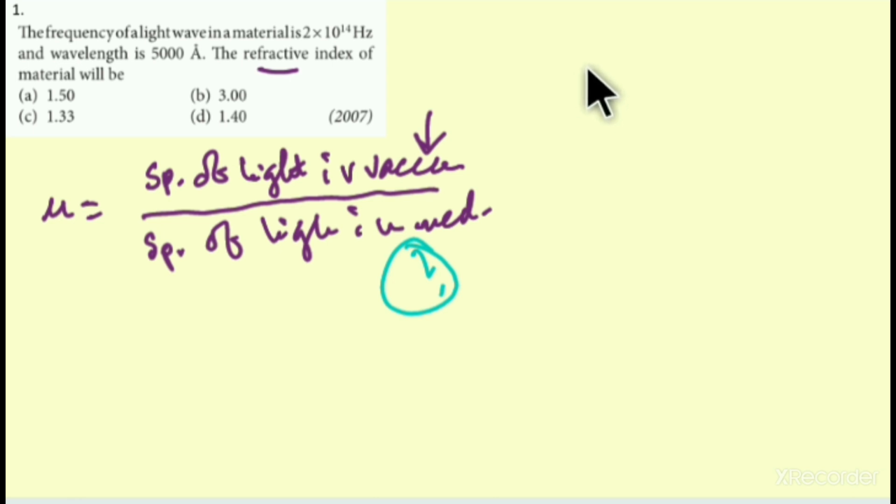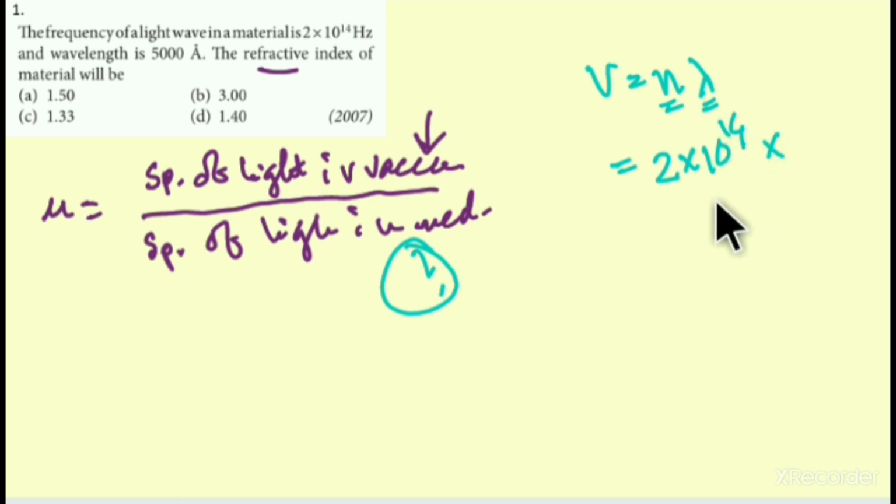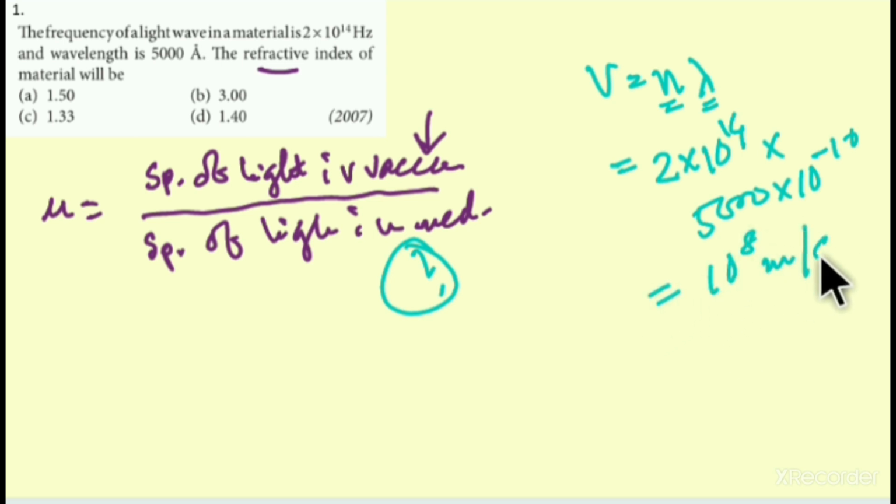How? We know that v is equal to n lambda. n is the frequency and lambda is the wavelength, and both are given in this case: 10 to the power 14 times lambda equal to 5000. We'll convert angstrom to meter, 10 to the power minus 10, and it will result in 10 to the power 8 meter per second.